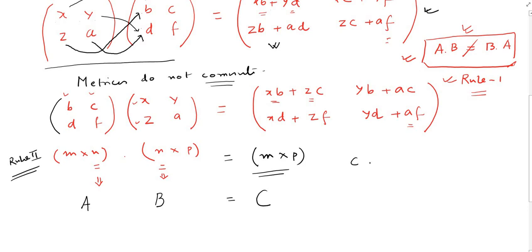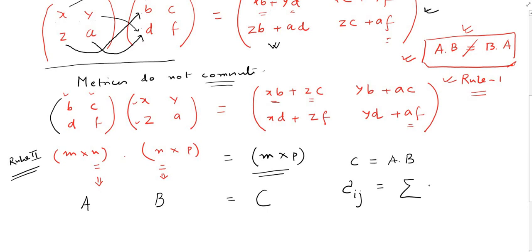So we can write that C is the product of matrices A into B. Now this is a small c, which denotes any element at position i, j.